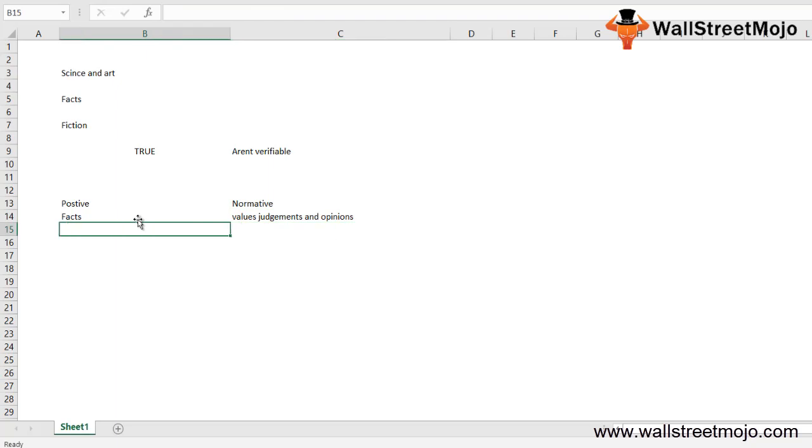Here the statement under positive economics can be tested or is verifiable.